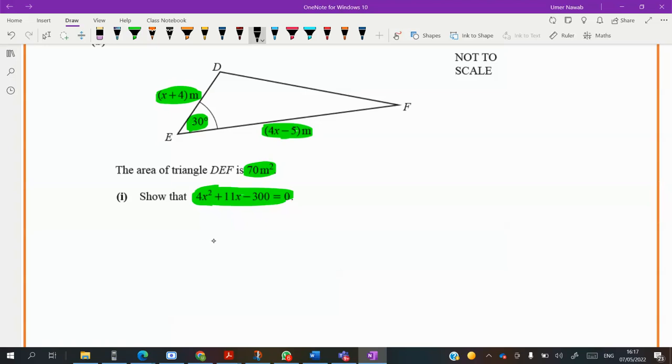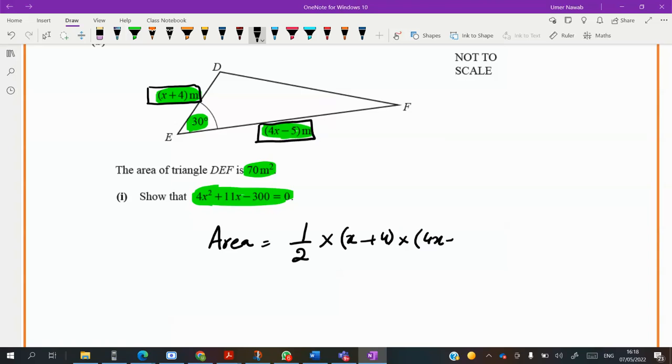So let's do it. The area formula is half times the side, which is x plus 4, times the second side, which is 4x minus 5, multiplied by sine of the angle between the two sides, which is 30 degrees. And he said the area is equal to 70.